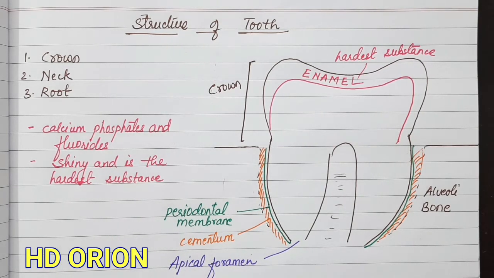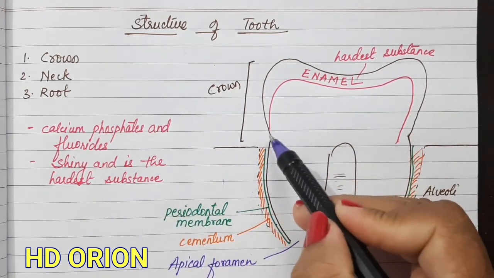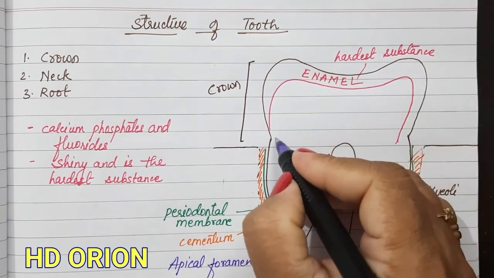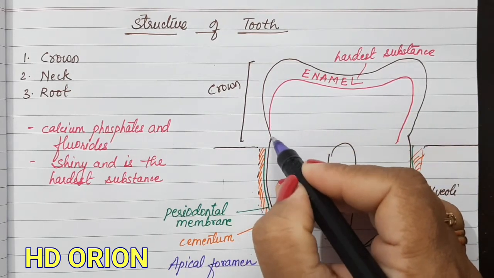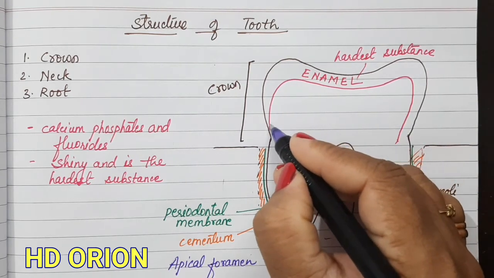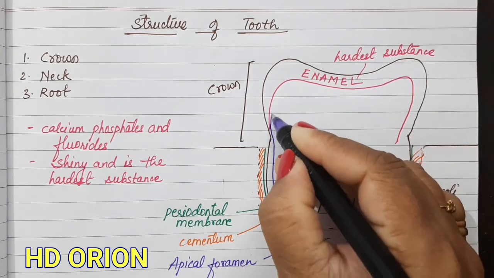Below this comes the dentine part. Now you can see that enamel is only present in the crown region, but the dentine is present below, and this particular region is the dentine. This entire part is the dentine.